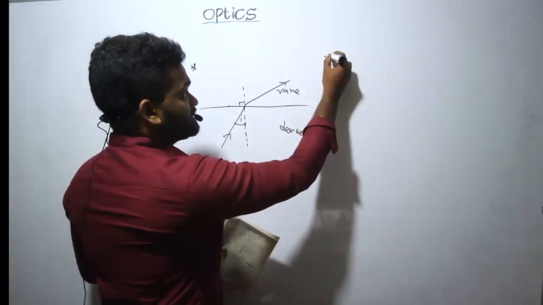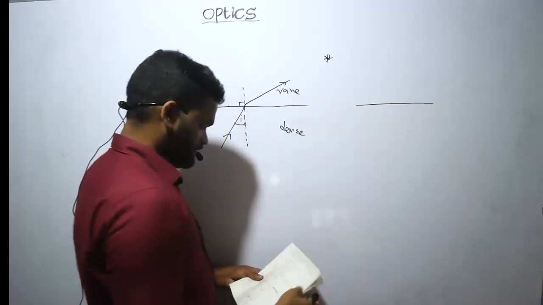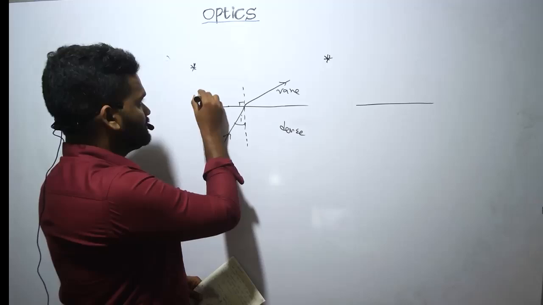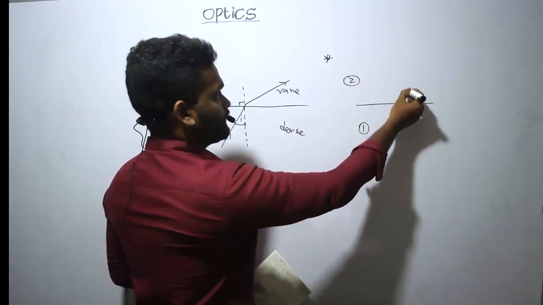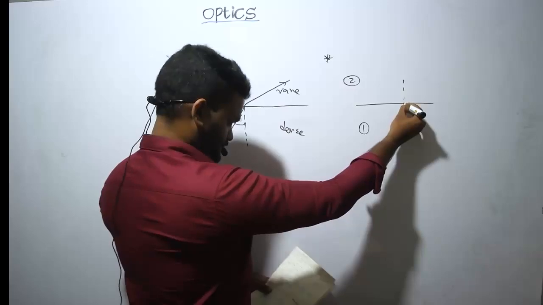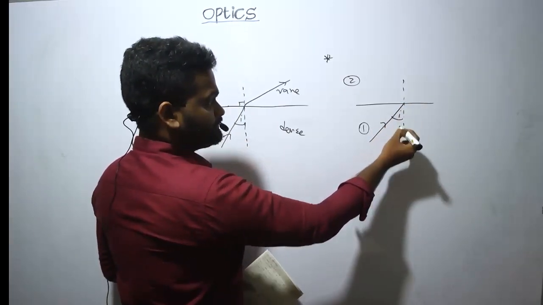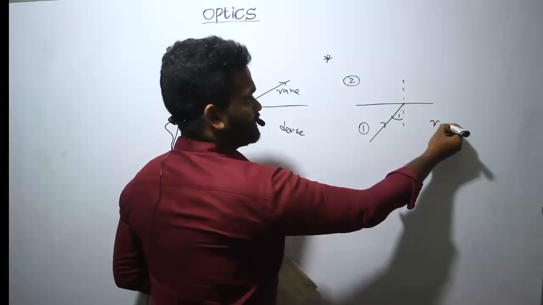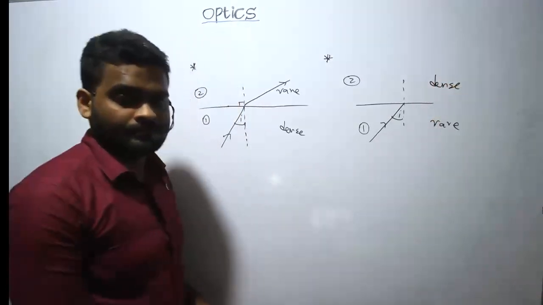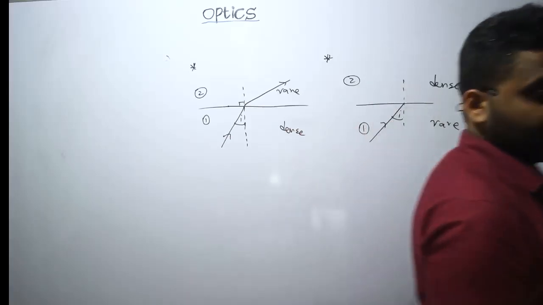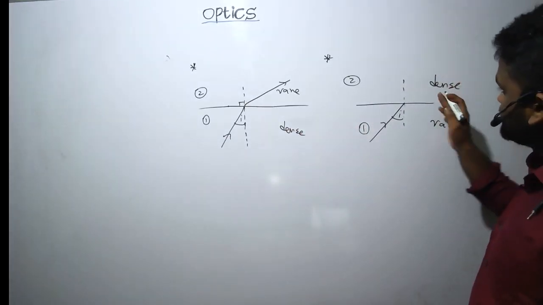Then the other case. So let's say this is medium 1, medium 2. Let's say now here we have the rare medium, then above we have the dense medium. Then to which direction does this move?